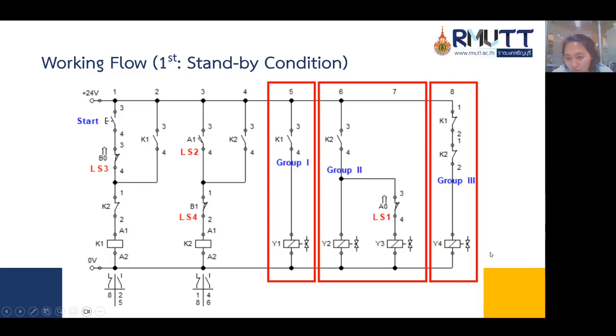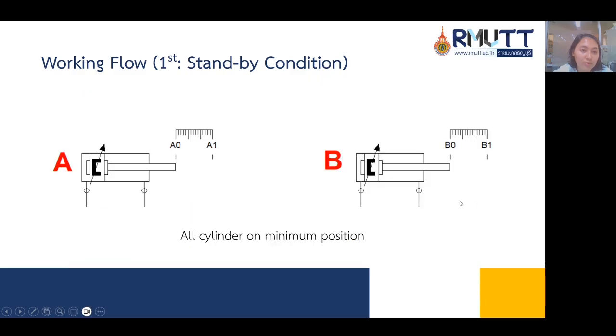And for group 3, there are 2 normally closed contacts from relay 1 and relay 2, K1 and K2, to activate solenoid Y4. So this is the working flow of the electropneumatic system.